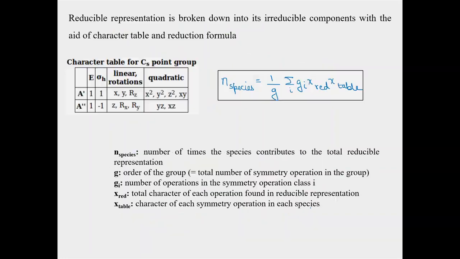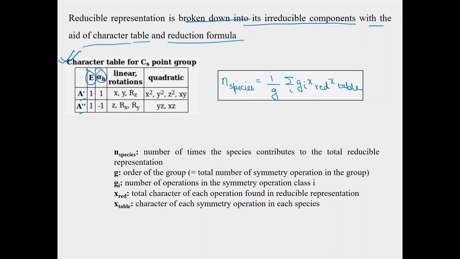Now next, what we have to do is break the reducible representation down into its irreducible components with the aid of the character table and the reduction formula. This is the character table for the Cs point group. There are only two operations, E and sigma h, and this will give rise to A dash and A double dash.